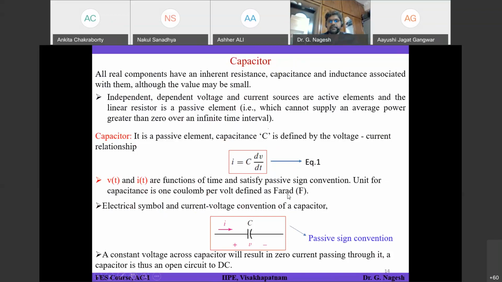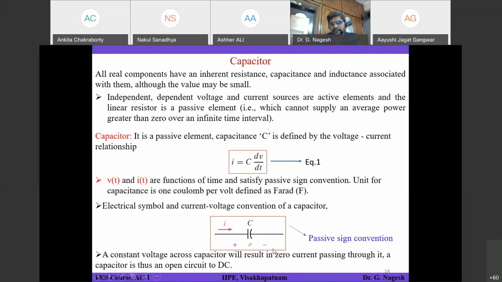Coming to the electrical symbol and passive sign convention for a capacitor, you can see here this is the symbol for a capacitor having a capacitance of C. The current I in equation 1 is the current flowing into the capacitor, and the V shown in equation 1 is the voltage across the capacitor plates, that means the voltage across the capacitor terminals, with positive and negative polarity marked.